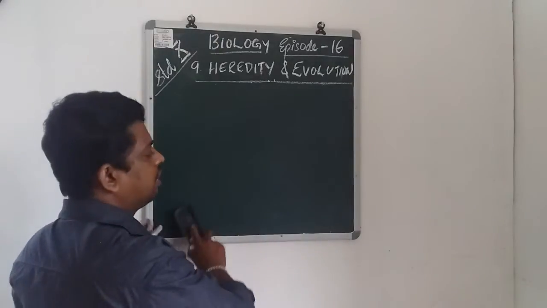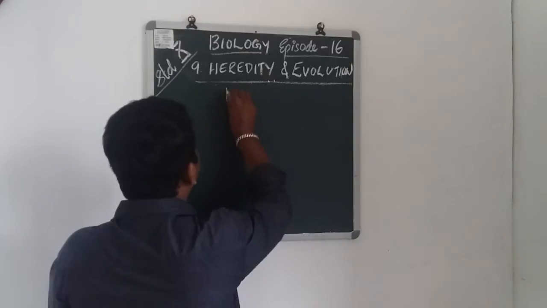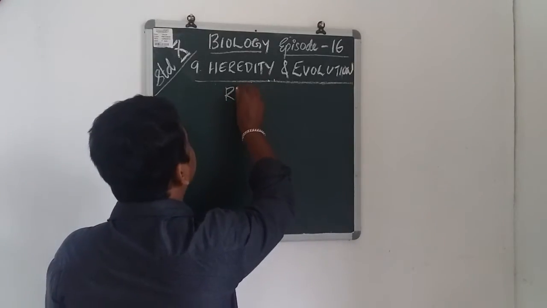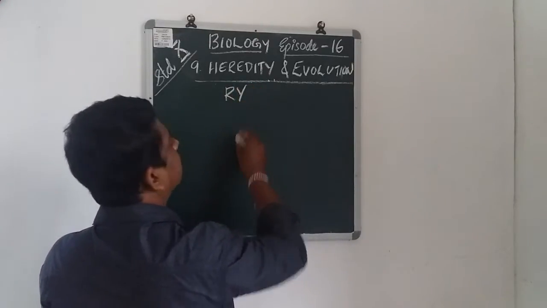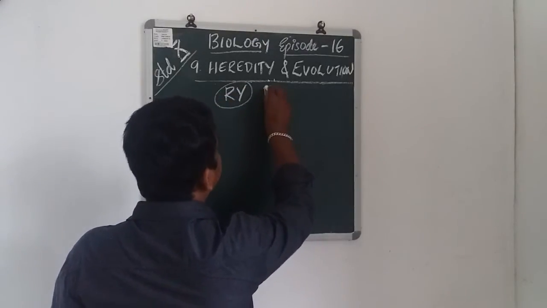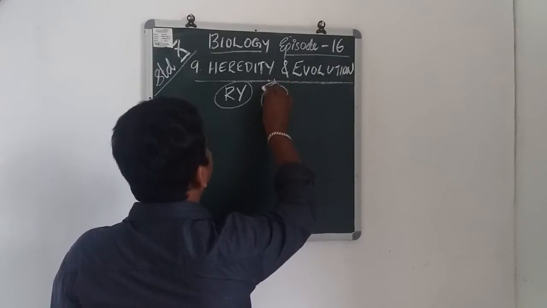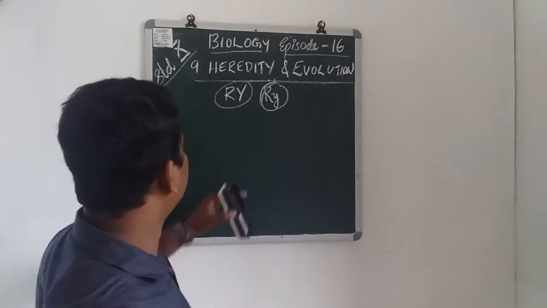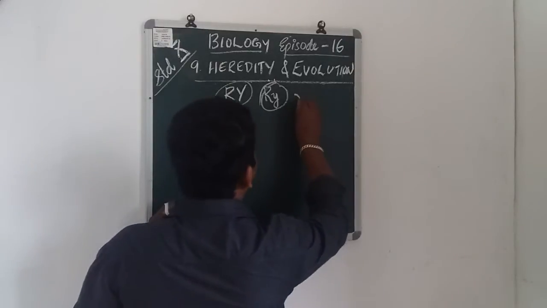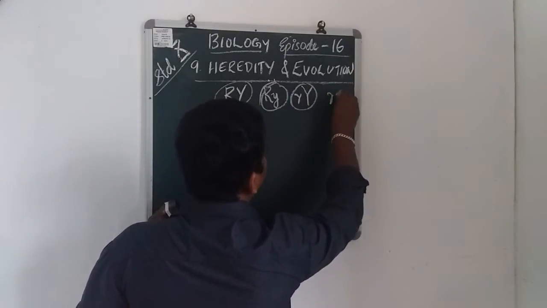So, the gametes are capital R, capital Y, one gamete, then capital R, small y, second one, look at your notebook, and small r, capital Y, small r, small y.